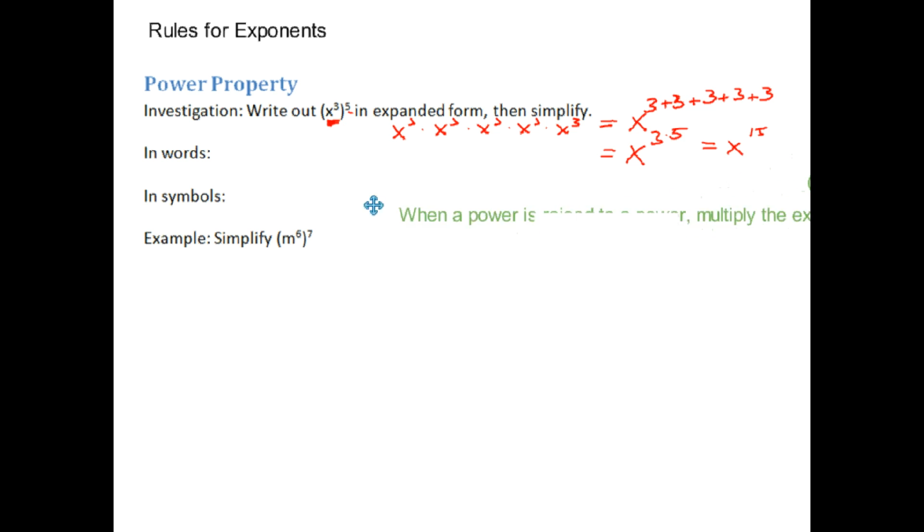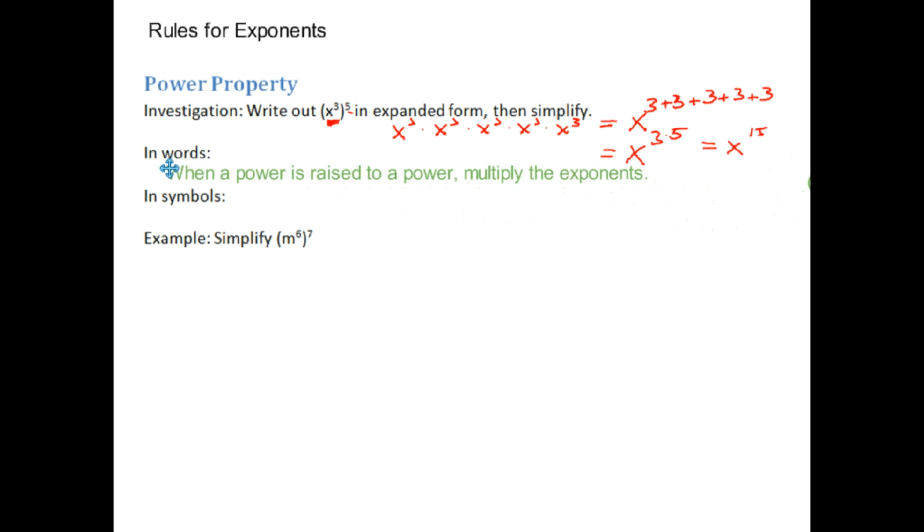So our rule, in words: when a power is raised to a power, you can multiply the exponents. In symbols, we can say x to the a raised to the b power is just x to the a times b.